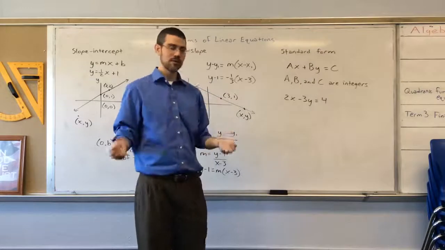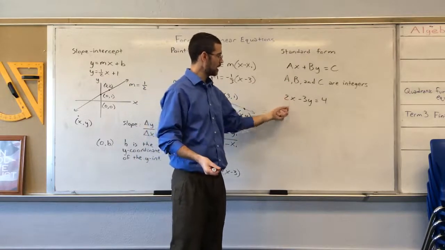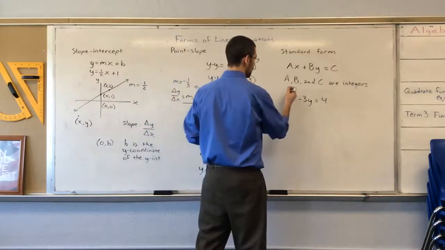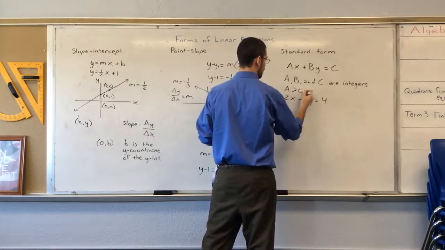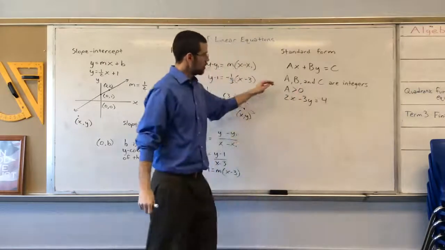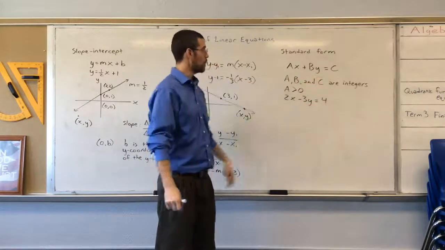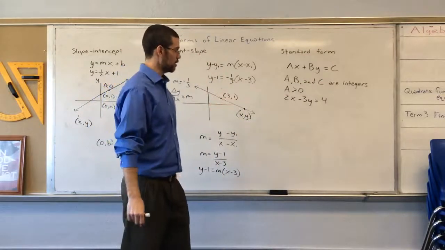It simplifies some things if you always write this expression so that x has a positive coefficient. So I'm going to put that a is greater than 0. A is positive. Okay? So a, b, and c are integers, and a is greater than 0 are stipulations for having this be standard form.